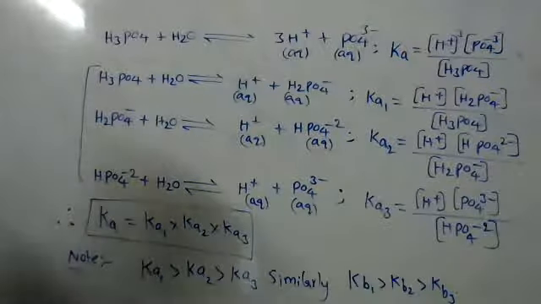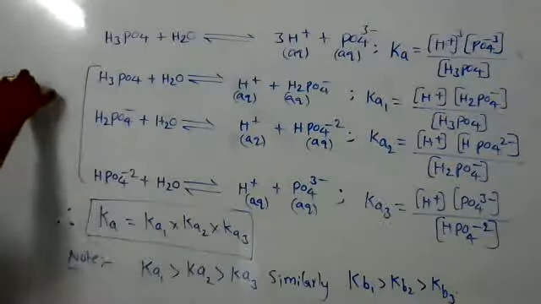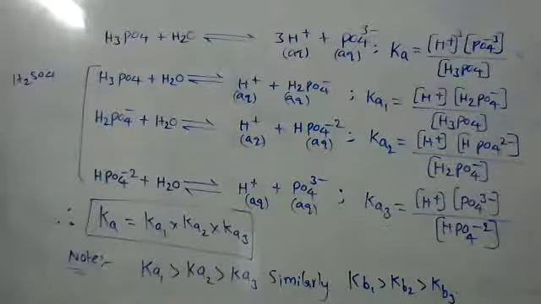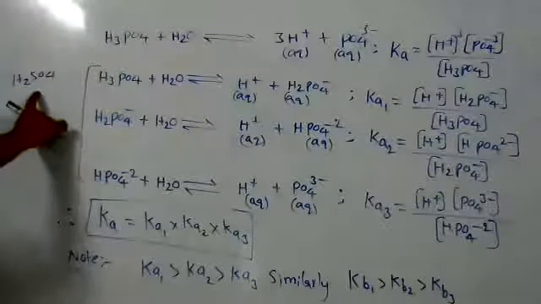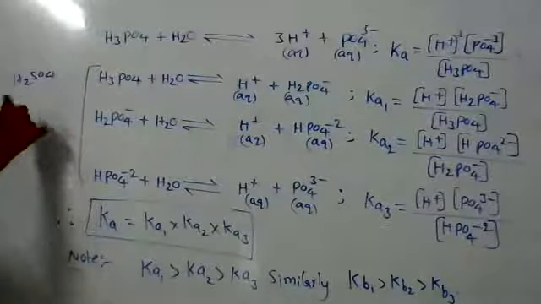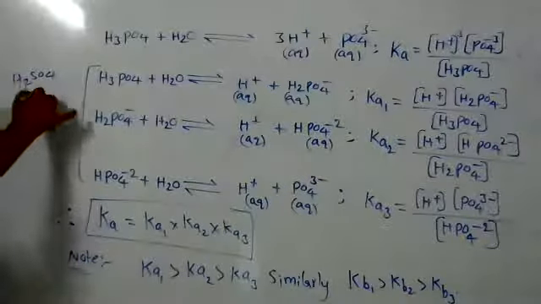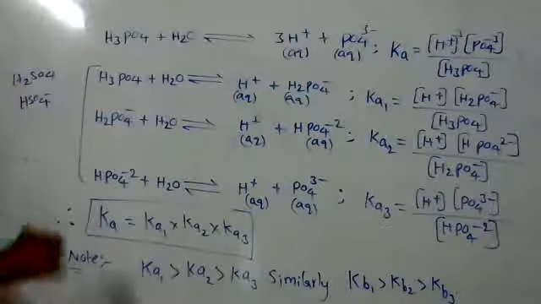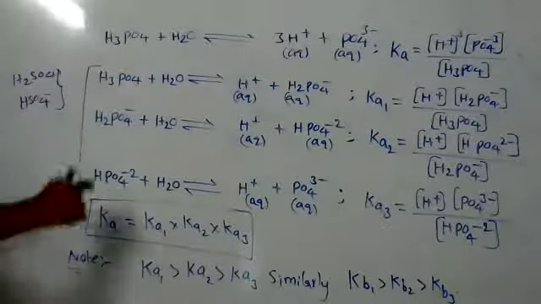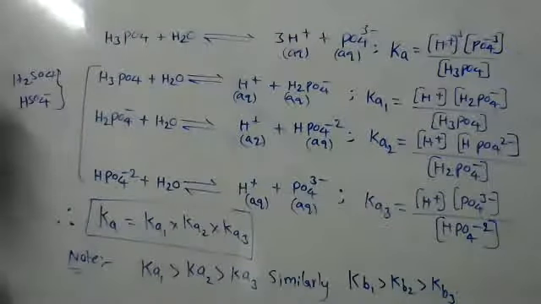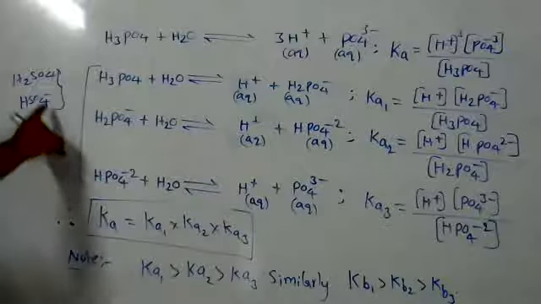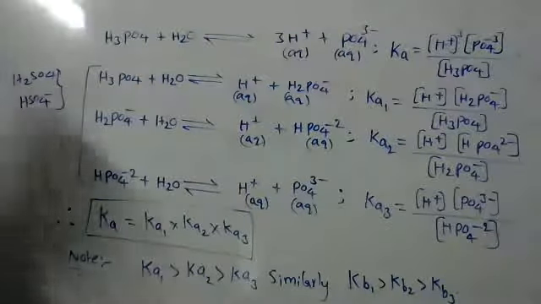We know H2SO4 is a strong acid. The question they frame is, why is H2SO4 a stronger acid than HSO4-? This is a 12th standard question, but you have to learn the reason here.